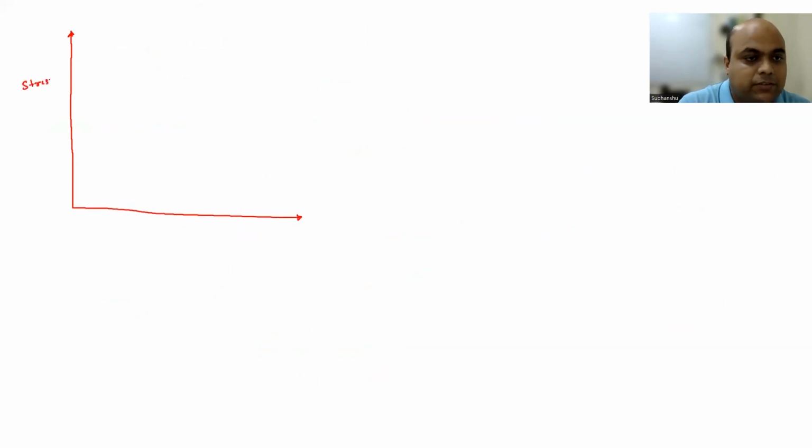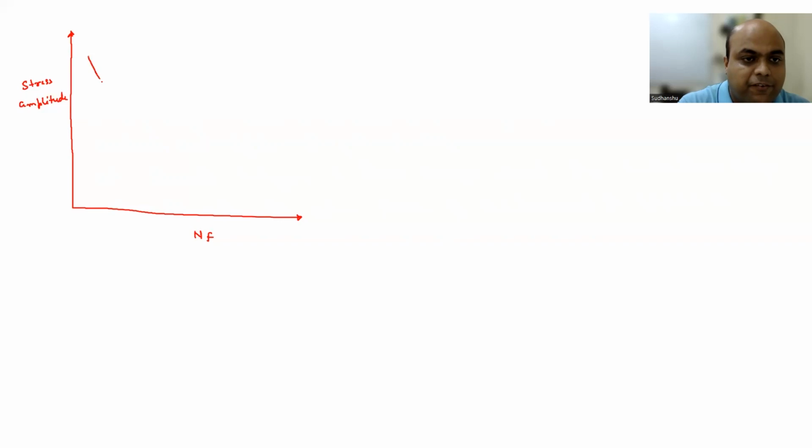Now, if you do the same experiment for fatigue testing for constant volume fraction and different sizes of the particles, right? So stress amplitude, then N_F. Okay.